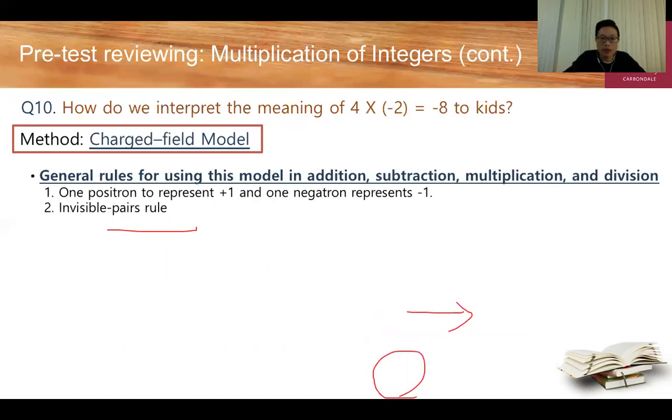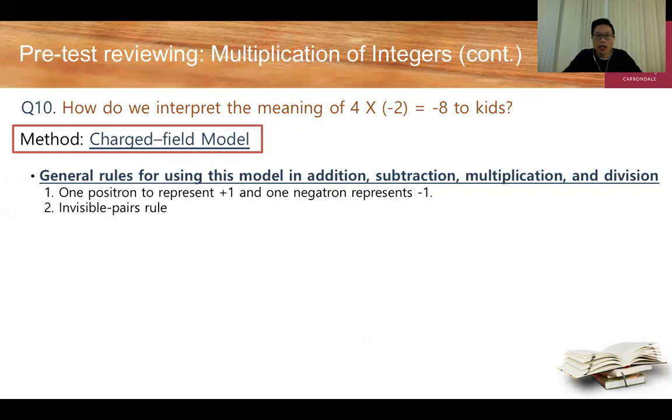Okay? All right, let's move to the charge field model. Like the number line model, there are some different rules from addition and subtraction.